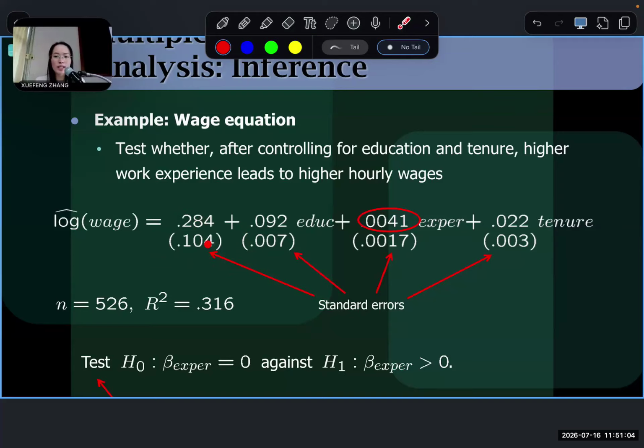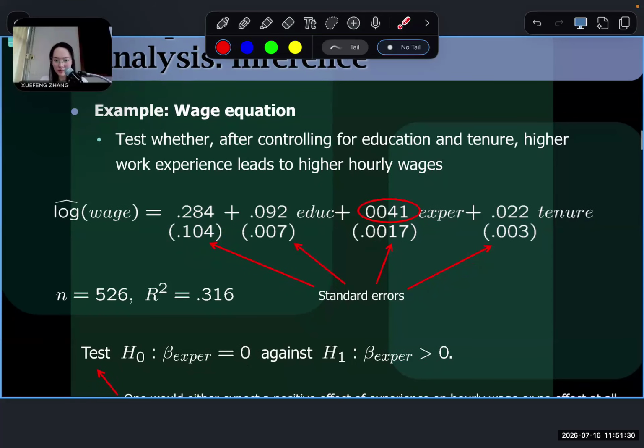That's what we divide by to get the t-statistic. Be careful here, guys, because when you report your estimation result, you should follow this format, okay? Your coefficient above, and then below it, the standard error of that coefficient. Normally we use parentheses. It's the standard error. Okay, so n is the number of observations.